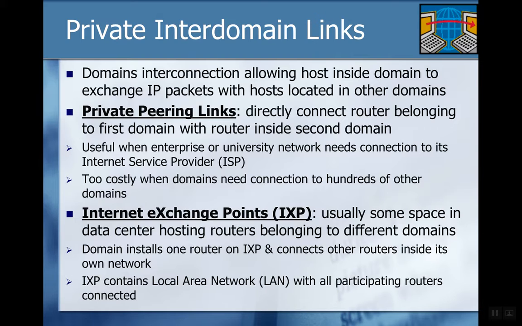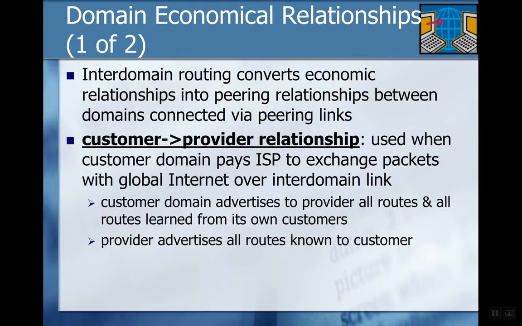So this is a private interdomain link: a way to establish a connection between two sites without having to go through the whole hierarchy of routers across multiple routers to get from one site to the other.